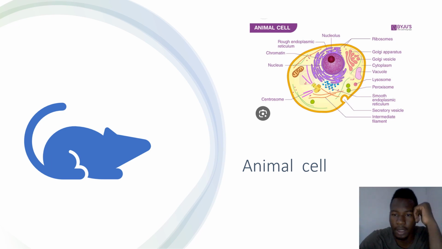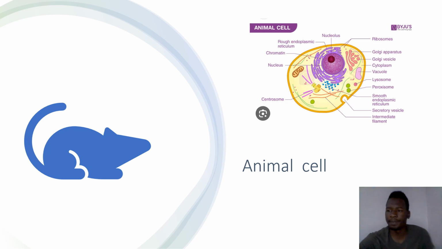There's a typical example there. An animal cell is a typical eukaryotic cell enclosed by a cellular membrane, which contains membrane-bound organelles. Unlike other eukaryotic cells of plants and fungi, animal cells do not have a cell wall.